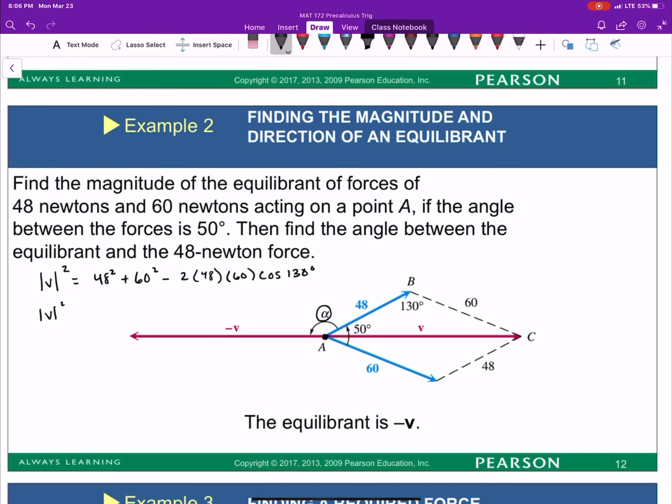So we have the magnitude of V squared is approximately 9,606.5. So the magnitude of V is equal to roughly about 98 newtons.